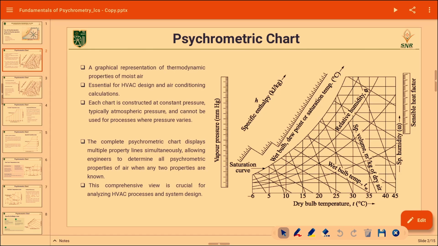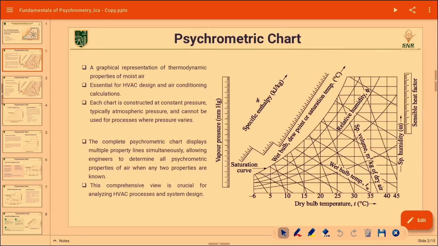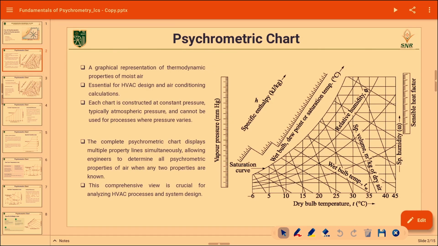Also, we have certain straight lines or linear lines, the wet bulb temperature line and the specific volume line, and we also have some curved lines called the constant relative humidity lines.